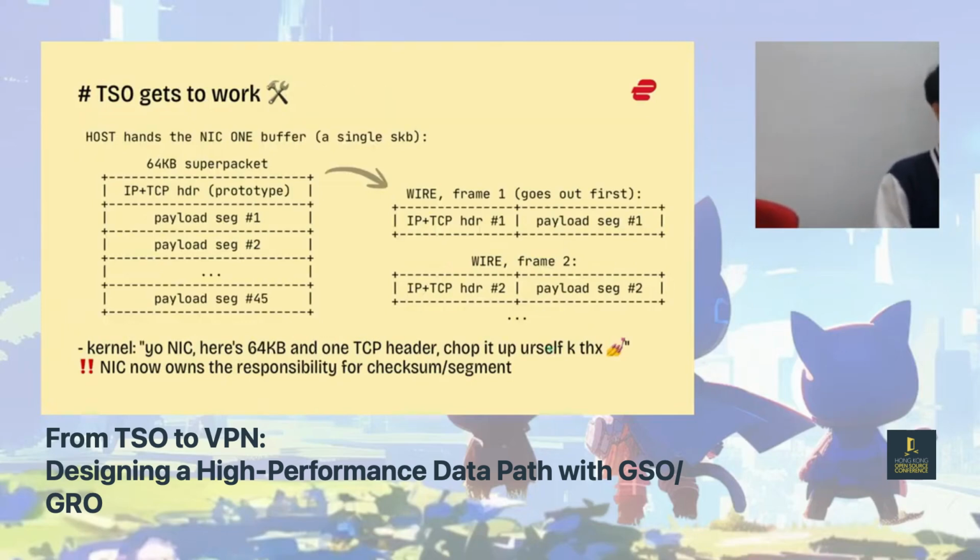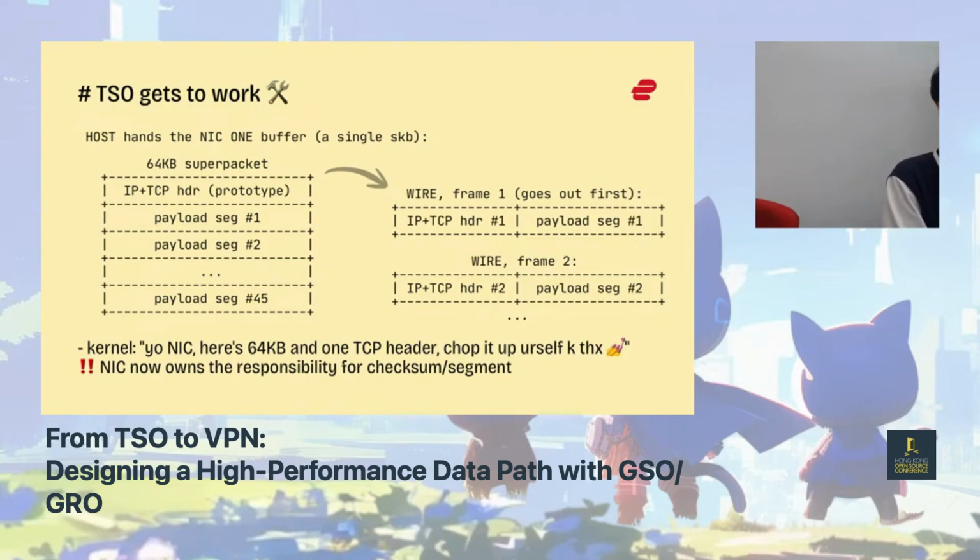So how TSO works is that, because all the packets that can be passed through the internet are only 1,500 bytes, right? If we don't do that, what can we do to mitigate all these packets?